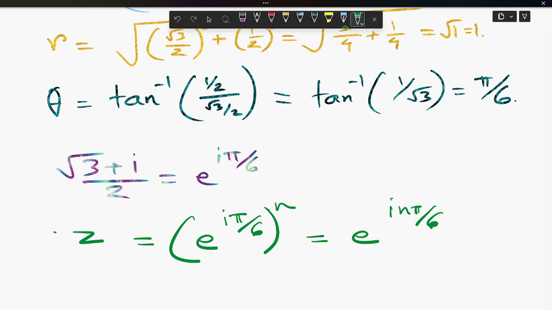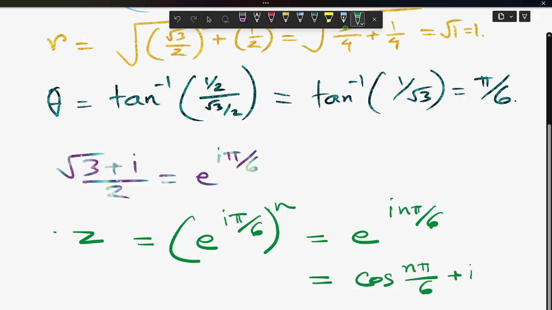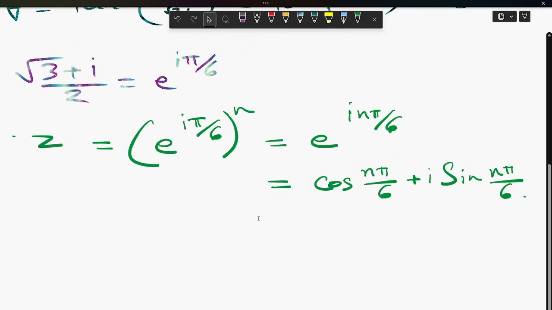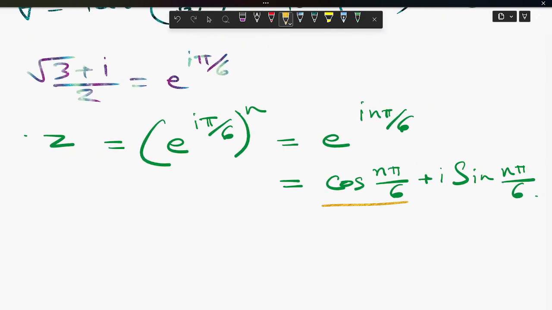For z to be purely imaginary, the real part must be 0. We know that this is cos of n pi by 6 plus i sine of n pi by 6. Up to that we know everything. So after that, the real part should be 0 if we want z to be purely imaginary.